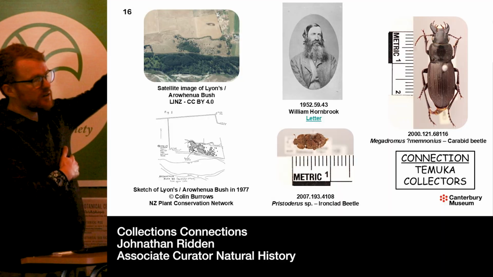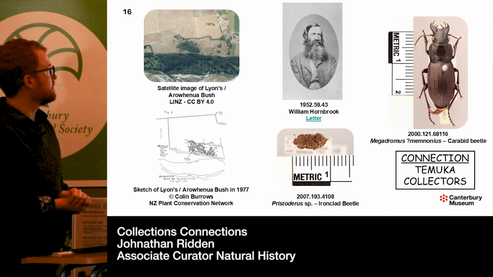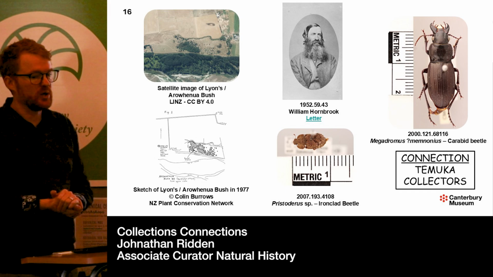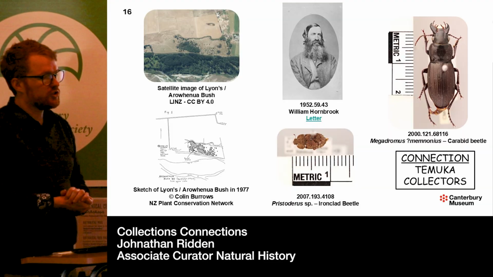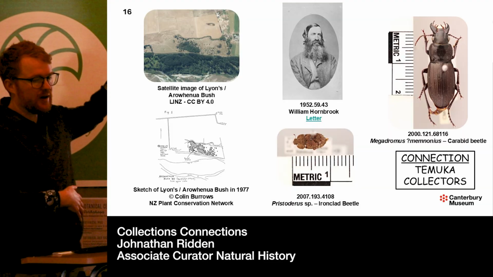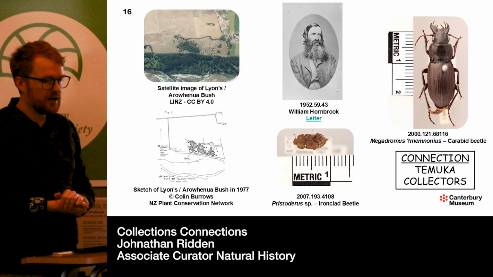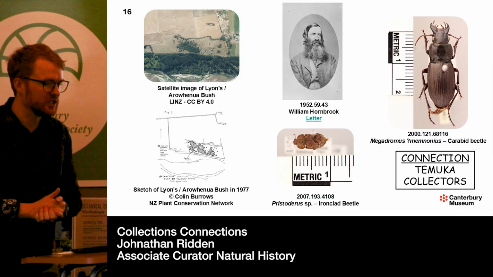Here we've got another relic of native bush that has somehow survived seeing time of land change, Lion's Bush or Arafetala bush. So this patch of forest was farmed on the Arafetala farm, which was farmed by William Hornbrook. His brother, Major Alfred Hornbrook, set up Mount Pleasant and was an early pastoralist there.